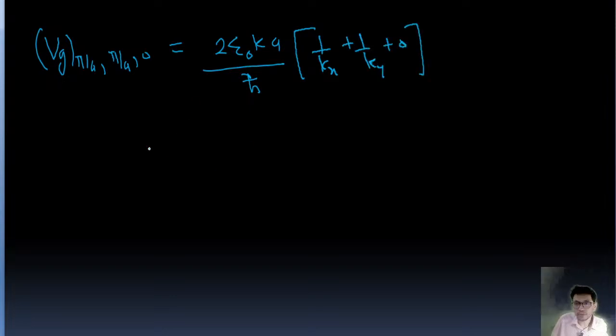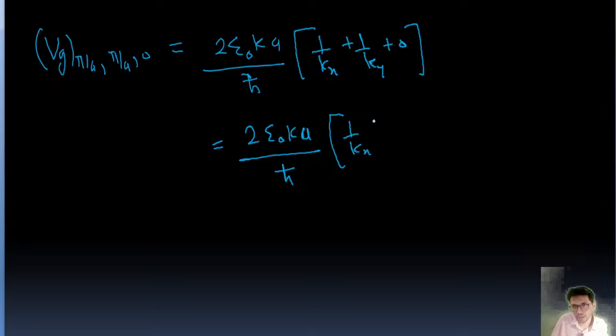Okay, so this is the answer, guys. You can write 2ε0 ka upon h-cut into (1 upon kx plus 1 upon ky). This is the answer.